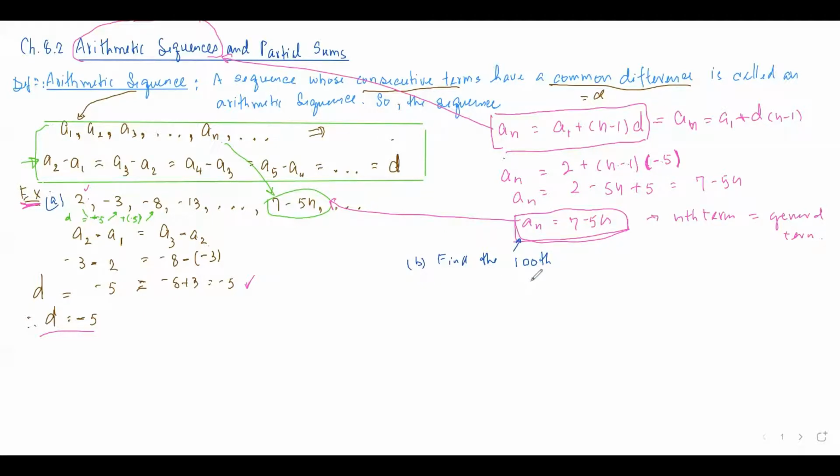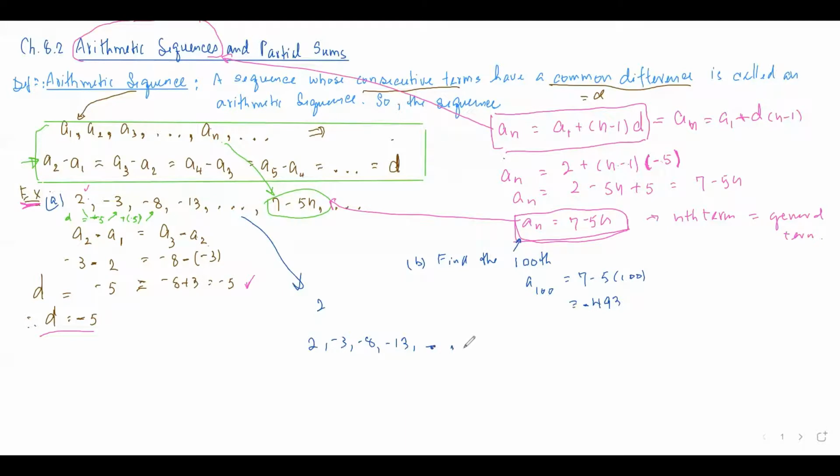You just replace n with 100, becomes a100 equal to 7 minus 5 times 100. Okay, and then you simplify. This becomes negative 500, take 7, becomes negative 493, right? So that means from this sequence, you see term 1 is 2, term 2 is negative 3, term 3 is negative 8, term 4 is negative 13, and then you can do until term 5, you know, right?